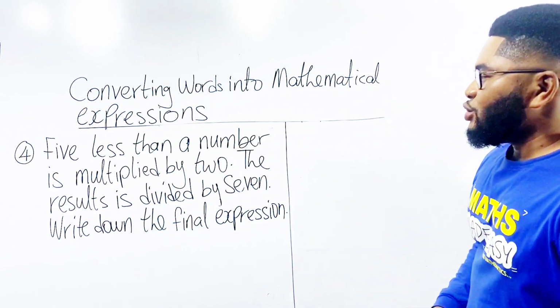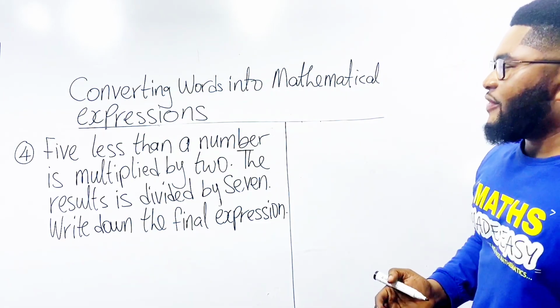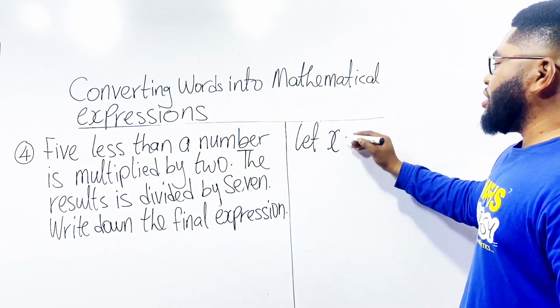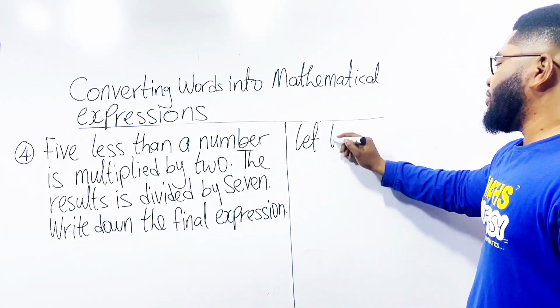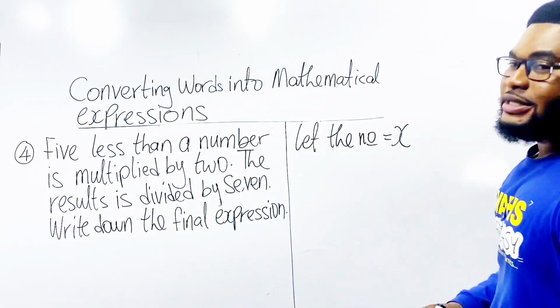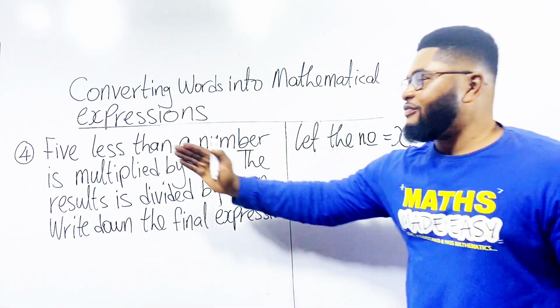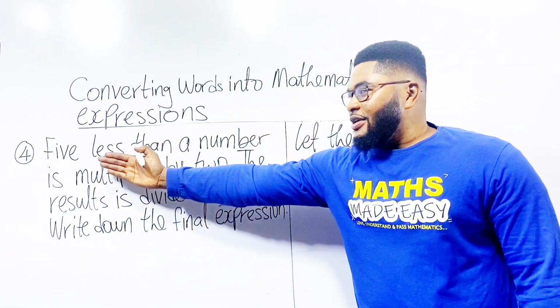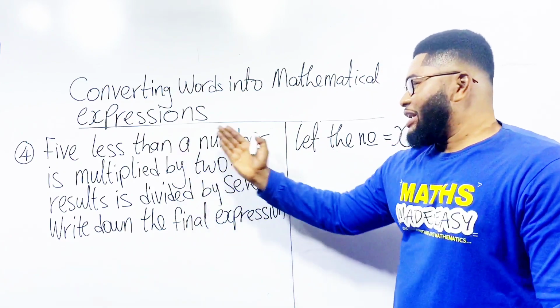A number. So the first attempt will be, let us give a variable to our number. Obviously, let x be the number. Now that we have the number, it says 5 less than the number.